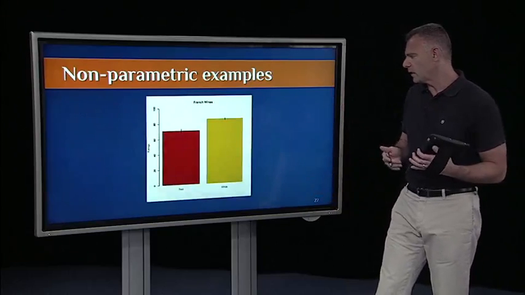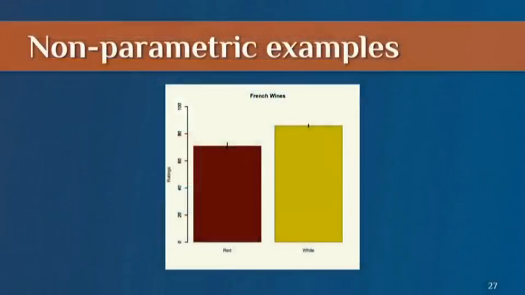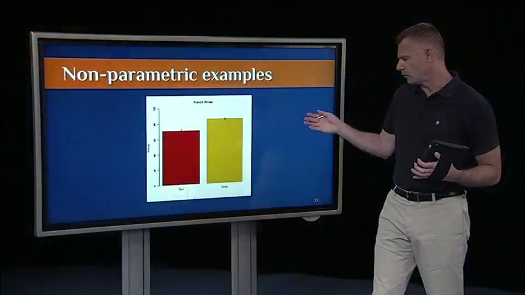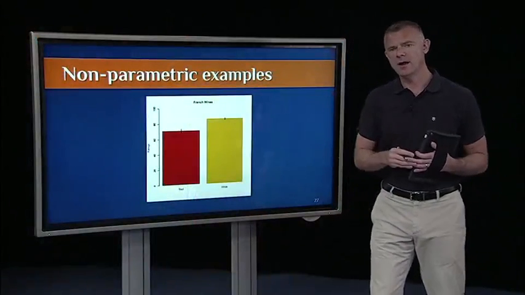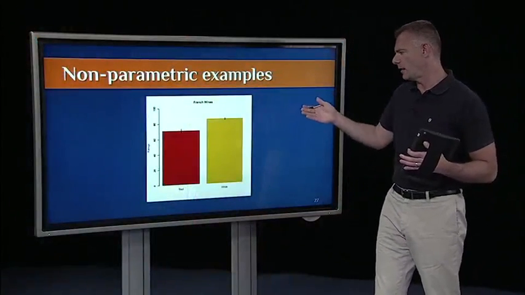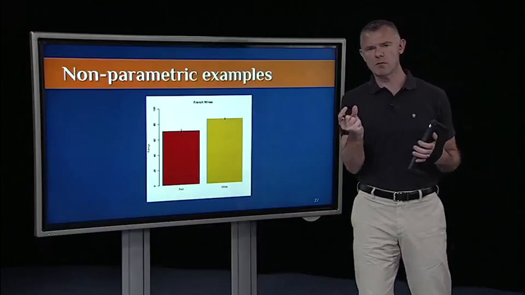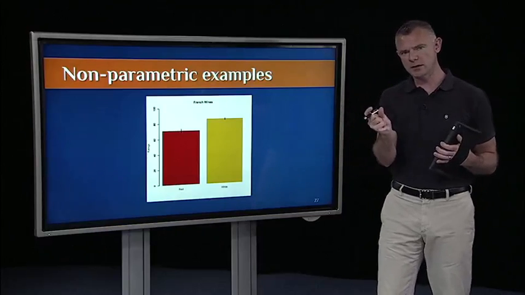The example I'm using here comes from the old example we used earlier in the course on wine ratings. Remember we had wine experts rate wines, 2 wines from each country. So there was a red and a white from France, and the same wine expert rated both the red and the white. So we have the same wine experts giving 2 ratings here.